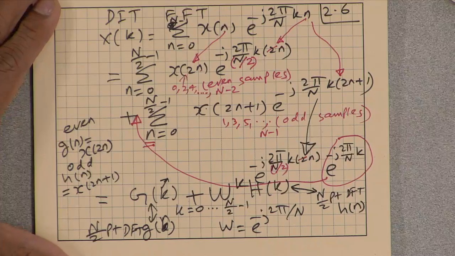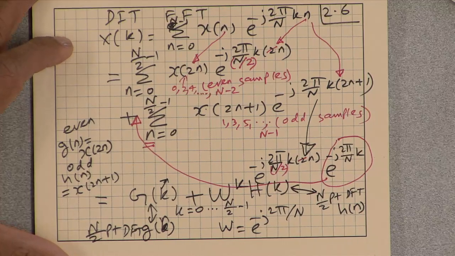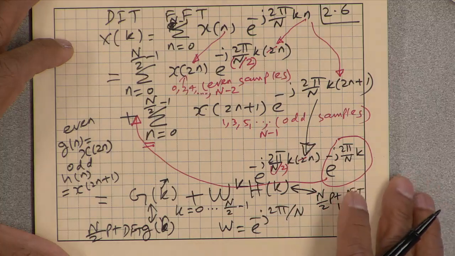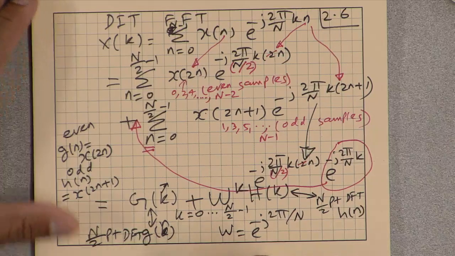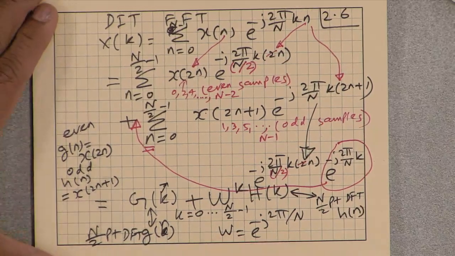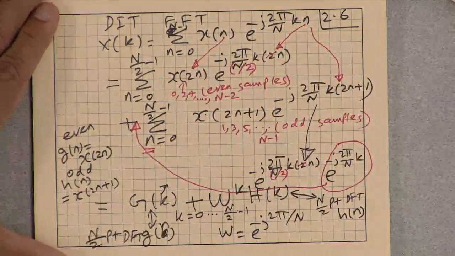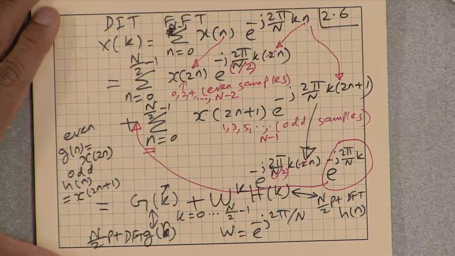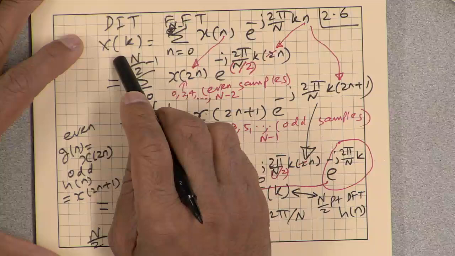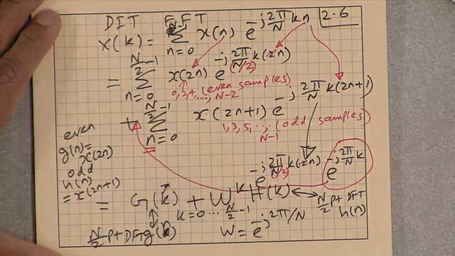How do I describe the next n by 2 points of the DFT, that is xk from n by 2 through n minus 1? By the way, the DFTs are periodic. I didn't go into the theory of that, but these are periodic by the complex exponential periodicity. By the mathematical expression, these are periodic with period n. So xk is periodic with period n. Gk and hk are periodic with period n by 2.